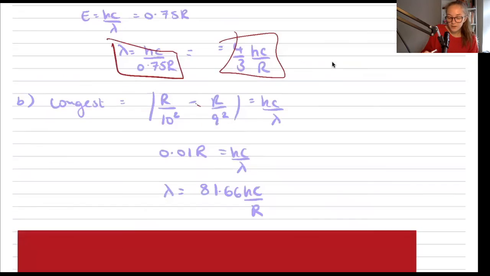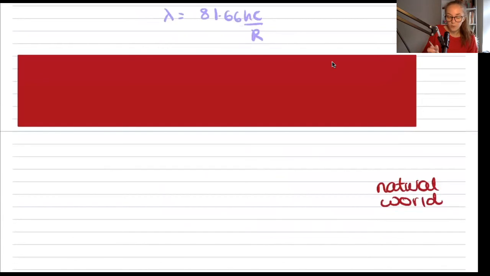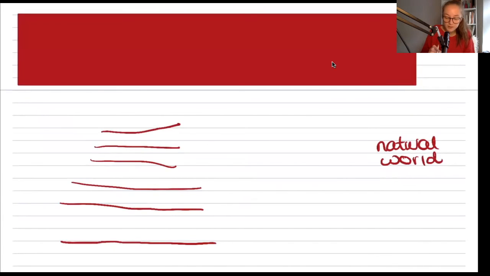So if we think about what that looks like, then where do we have emission lines? Well, between n is 2 and n is 1, we have one emission line. Between n is 3 and n is 2, we have 1, 2, and this first one here. But that can be counted in the first one. So for n is 3, we have 2 new emission lines.